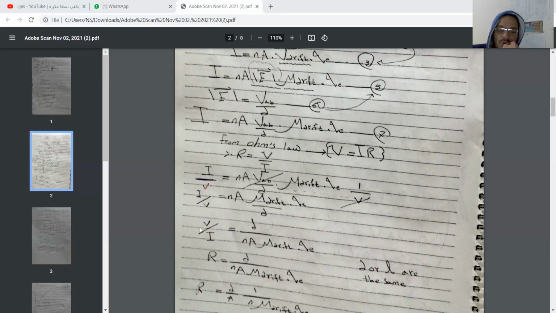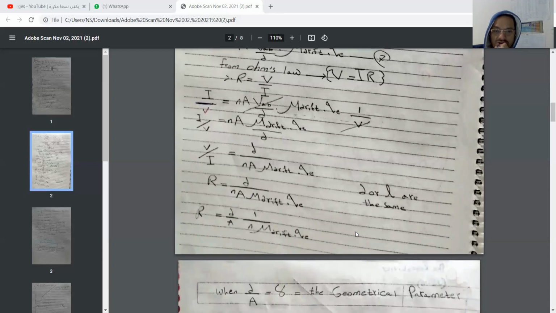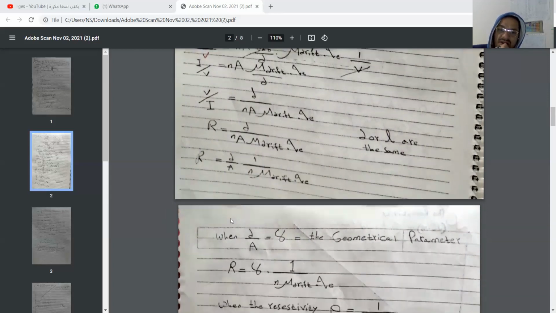After that, to make this side equal the resistance, let's put the voltage divided by current equal to the distance divided by N A drift mobility of electron dot electron charge. Like I said here. Now, to simplify this equation more, D, the distance, divided by the area is the geometric parameter.